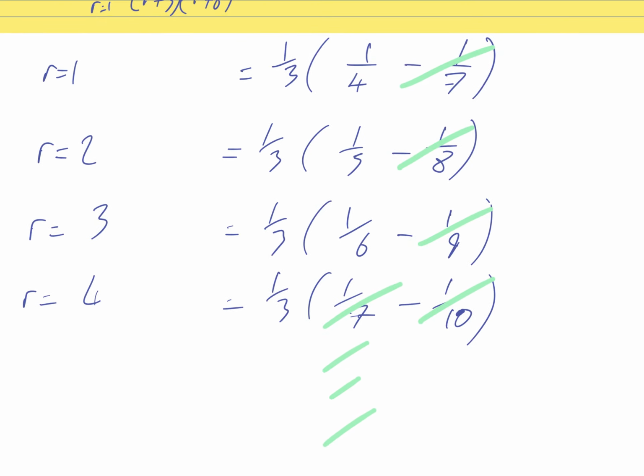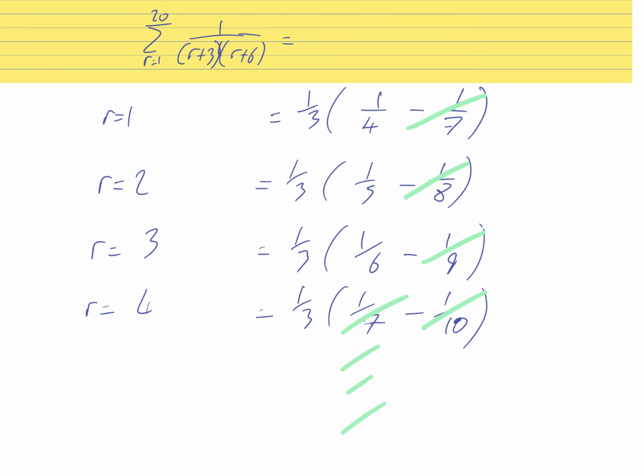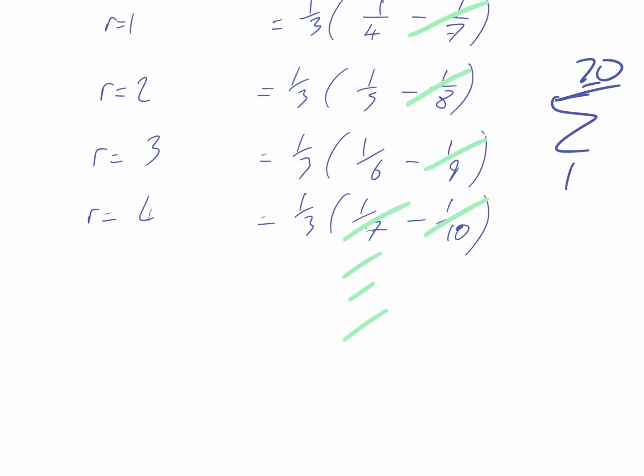So you're only going to be left with those last 3 terms. Now that means I only need to do the last 3 terms: r equal to 18, 19 and 20, because we're finding the summation from 1 to 20. So we only need the last 3 terms and see how it cancels out.